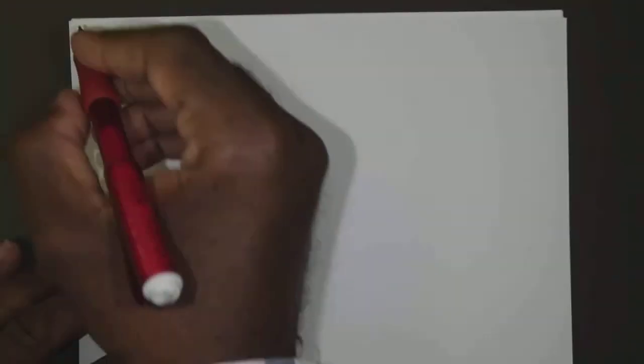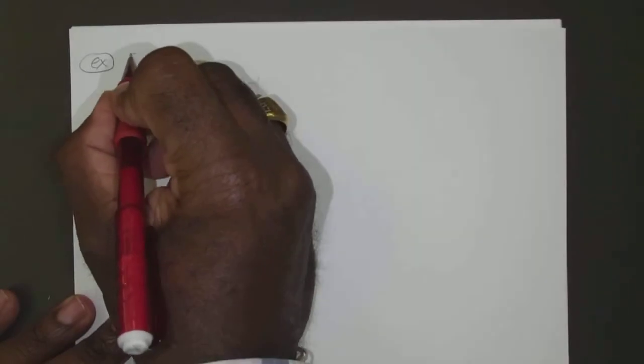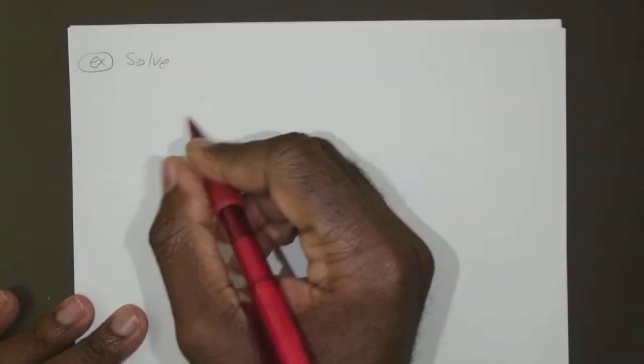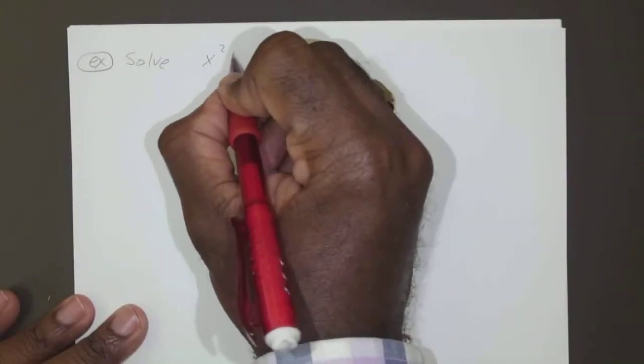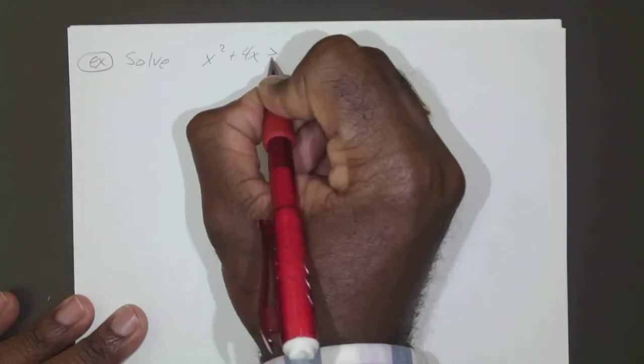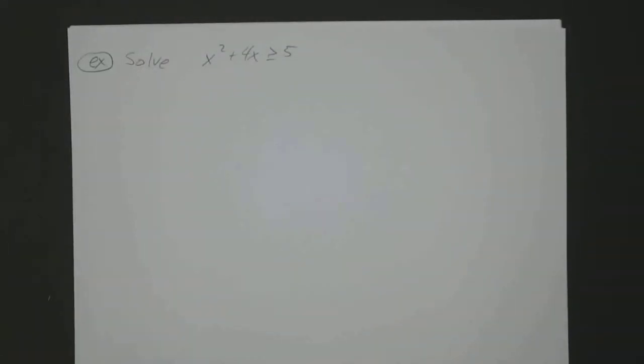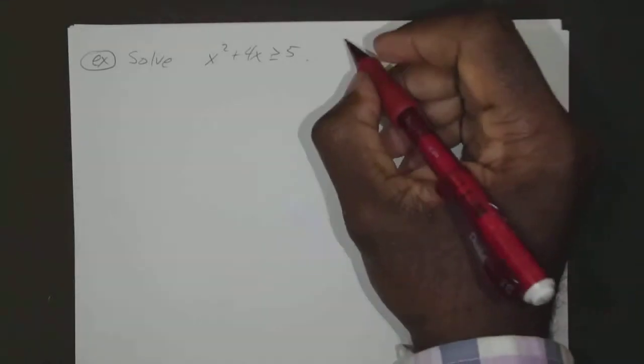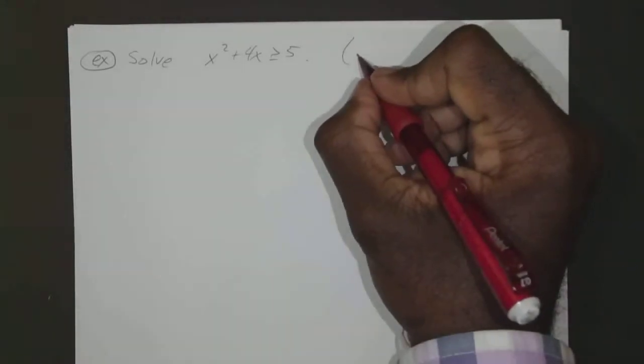Alright, so let's say for our next example, you wanted to solve x squared plus 4x is greater than or equal to 5. Okay, so here the first thing we want to do is put it in the form we want to be able to solve it in.